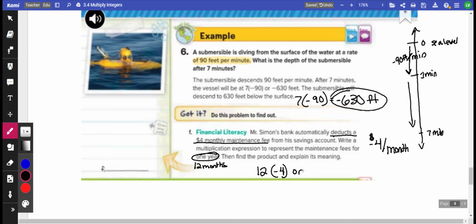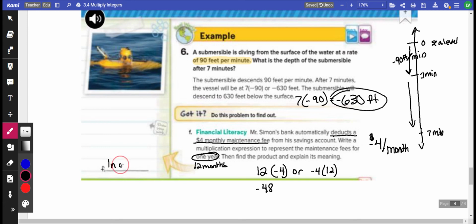Or you could have rewritten this as negative 4 times 12. Again, commutative property of multiplication, you can multiply in whichever order you want. So 12 times negative 4, well, 12 times 4 is 48. Positive times a negative is negative 48. The signs are not the same, so it's a negative. So that gives us the answer of negative 48.